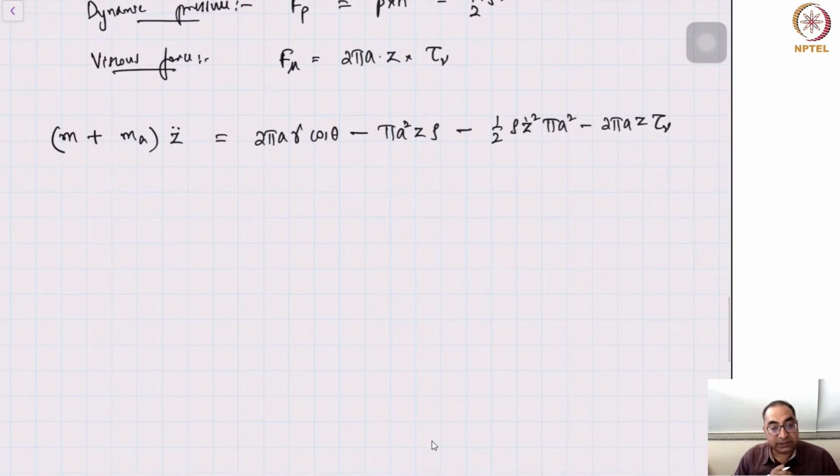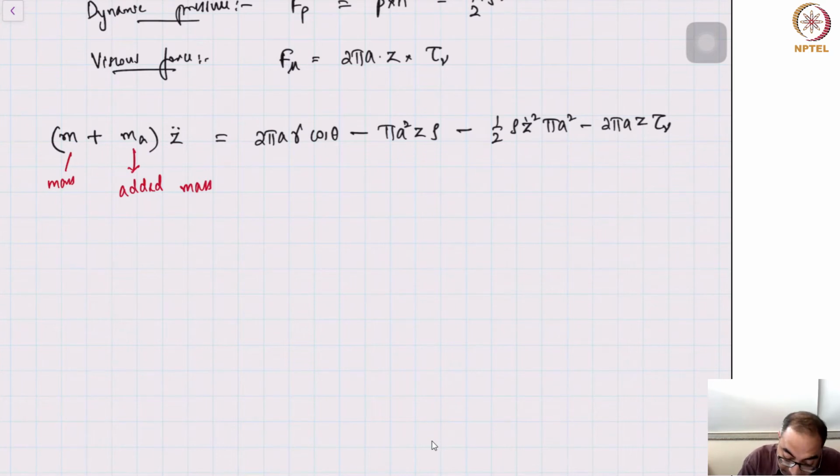So now that we have this, we want to determine the added mass. And this is mass here.